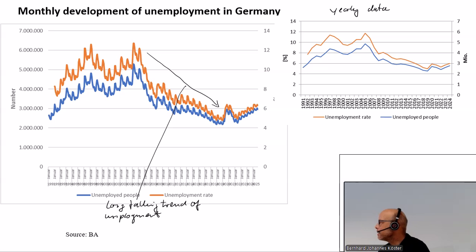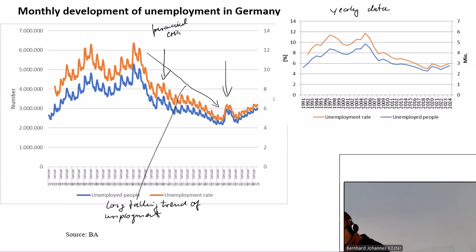And yeah, in general, we can say, especially after the financial crisis. So this year roughly is the financial crisis, and this is Corona. And yeah, the economic performance was quite well, especially after the financial crisis.